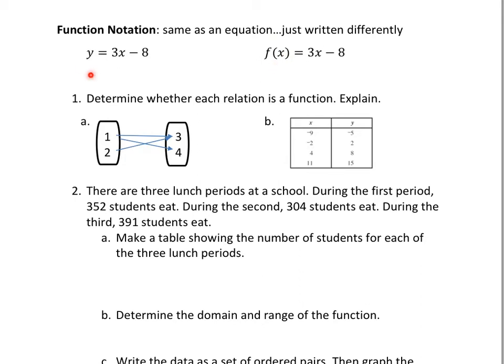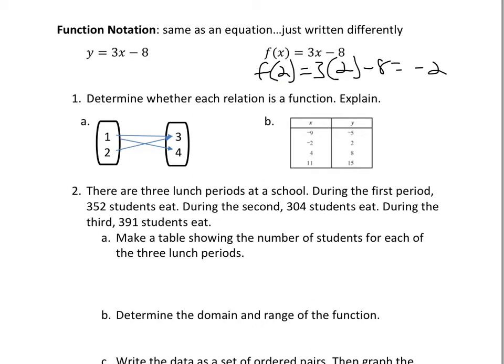What's going to change is if, for example, I wanted to plug in 2 for x, the way I would write this is f of 2 equals, and then anywhere I see an x in the equation, I write 2 instead of x, just like you did for the f of x. You could work that out and get negative 2. So f of 2 is the same as y equals negative 2.